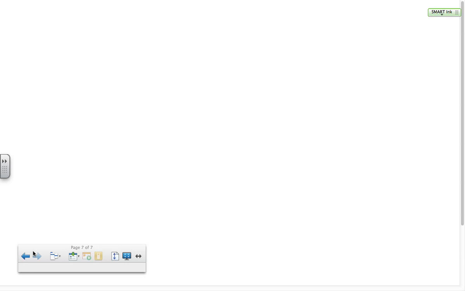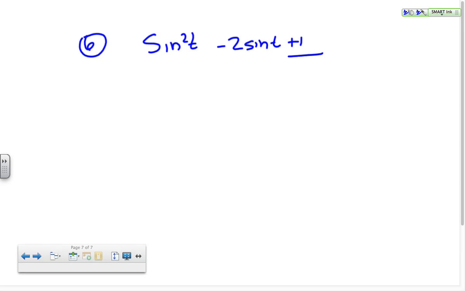Okay, this one is fairly simple. So example 6: sine squared t minus 2 sine t plus 1, over sine t minus 1.